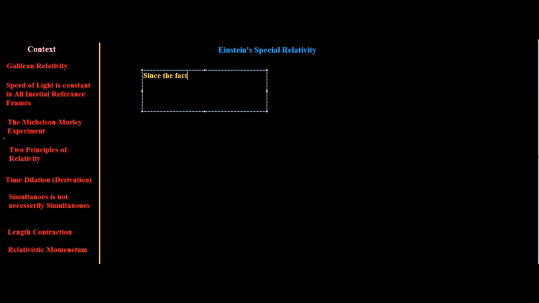the factors of electricity and magnetism do not change based on your reference frame, then the speed of light must also be the same in every reference frame.